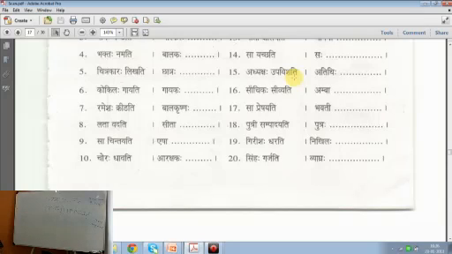Upavishati upavishatu. Patati patatu, gacchati gacchatu, namati namatu, likhati likhatu, gayati gayatu, kridati kridatu, vadati vadatu, and all these things.